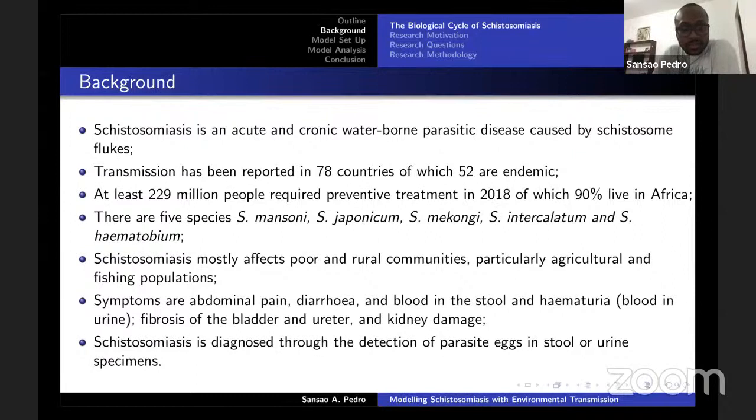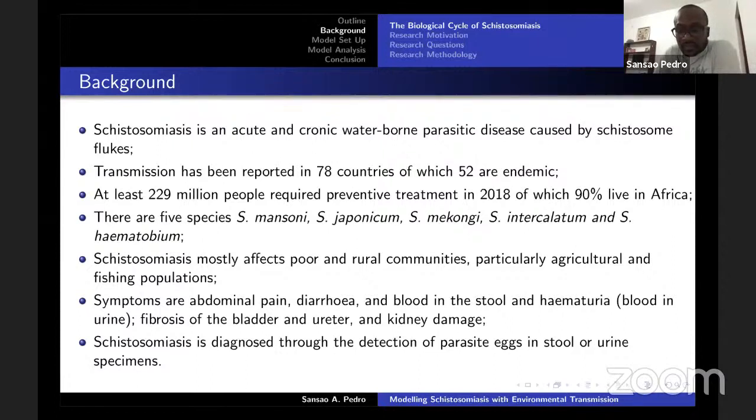Symptoms can be divided by the 2 forms that we find in the schistosomiasis genus. For the first form, the symptoms include abdominal pain, diarrhea, and blood in the stool. These are the species that at their adult stage end up around the intestinal vesicles.